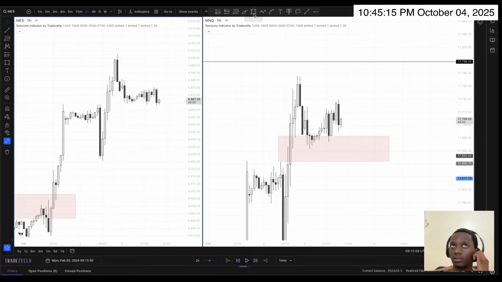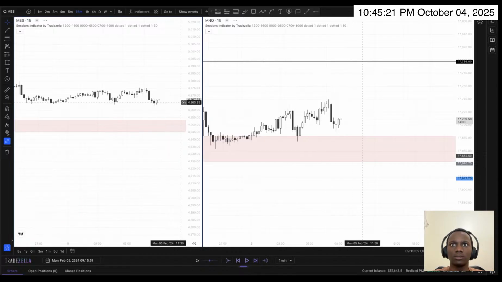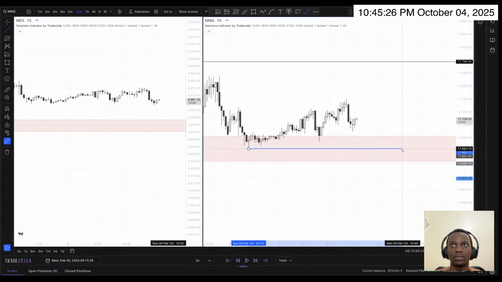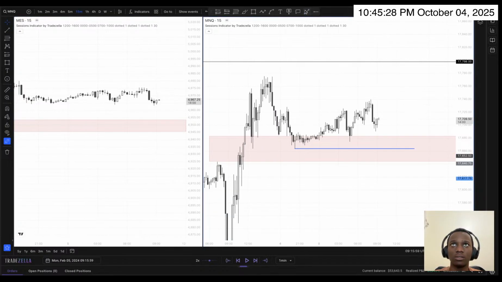Down. Yes, we have a good gap here, but we have some internal liquidity here. So yeah, last day's PM session high.